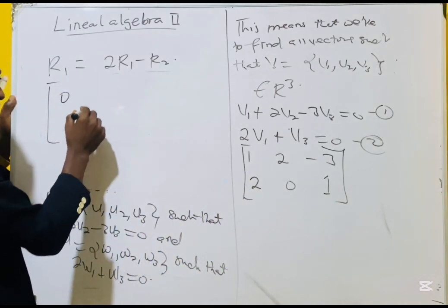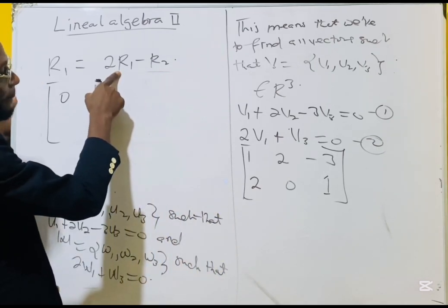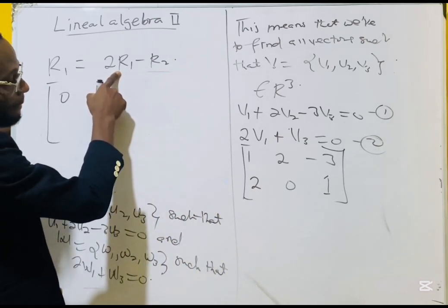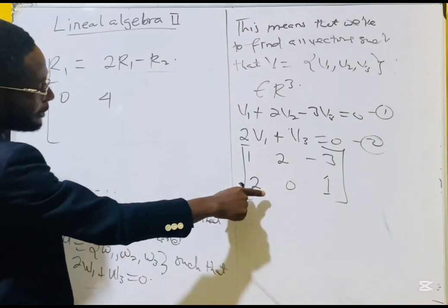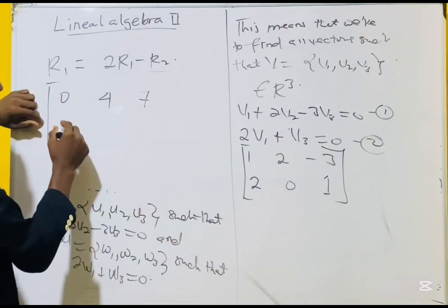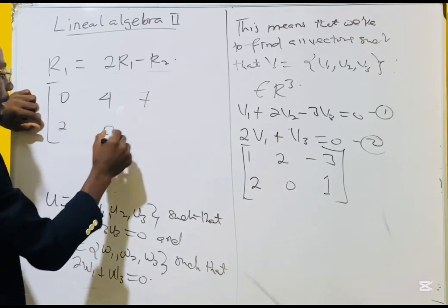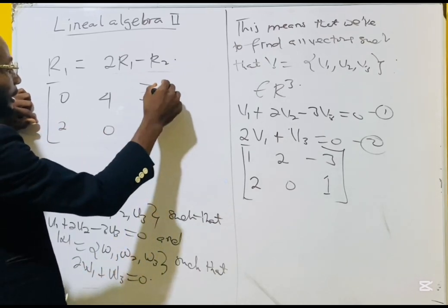Then we have 4, right? 2 plus 2, so that is 4. Then we have 7 here. Then we maintain the second row, right? We maintain the second row.